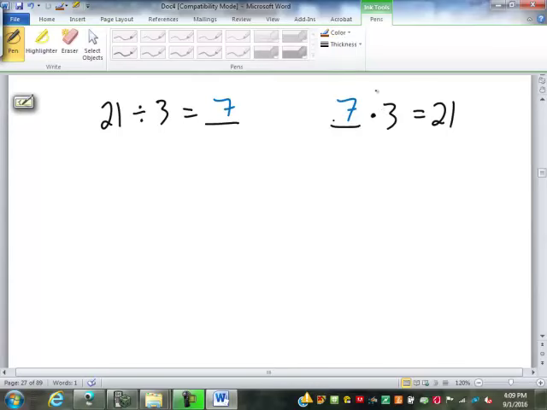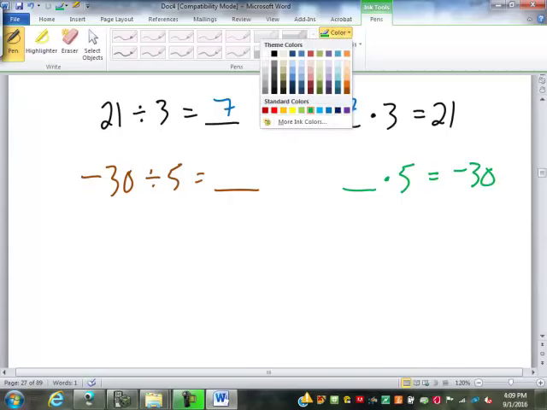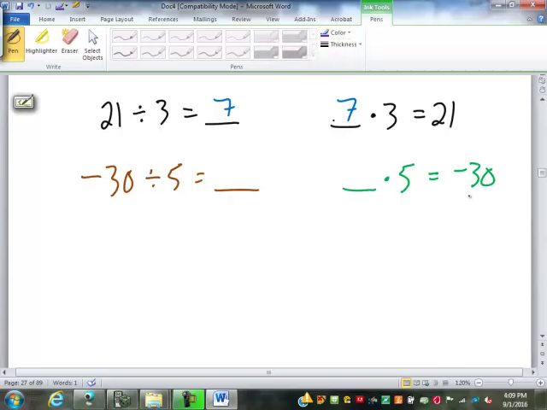Using that reasoning, we can figure out what our positives and negatives have to be. So if I have a negative 30 divided by 5, to figure out what that has to be, well, that's saying what times 5 equals negative 30. To get a negative number when we multiply, remember there were two possibilities.